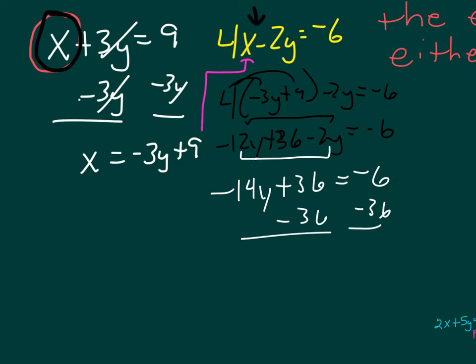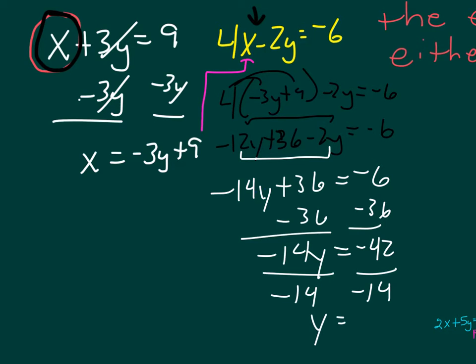And when I do that, I get -14y equals -42. Then when I divide by -14, y is equal to, negative divided by negative is positive, and 14 goes into 42 3 times. So now you've got y is equal to 3.